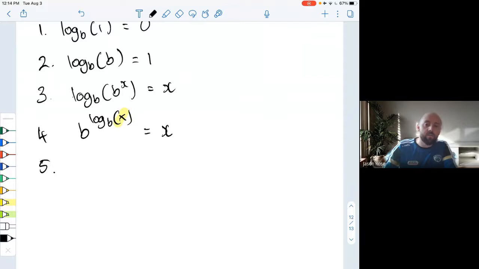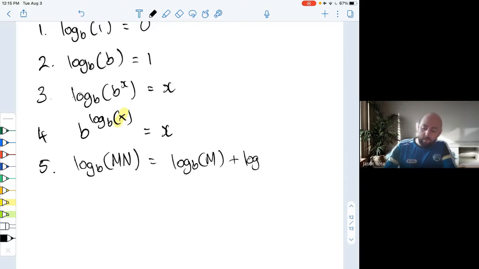Okay, let's say we have, what are we doing? We're doing log law, sorry. So log to the base b of m times n equals log to the base b of m plus log to the base b of n. This is like the inverse of one of the exponent laws. m and n are just two variables.